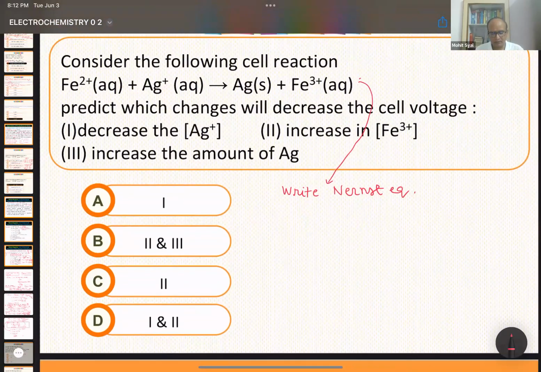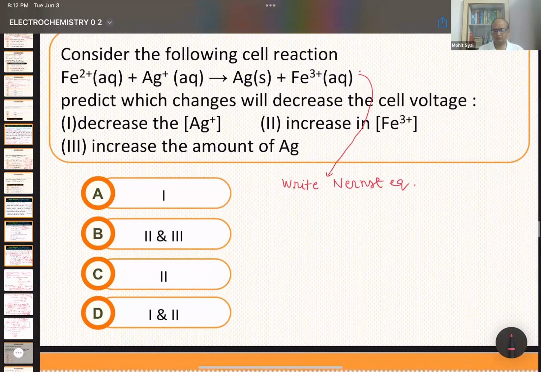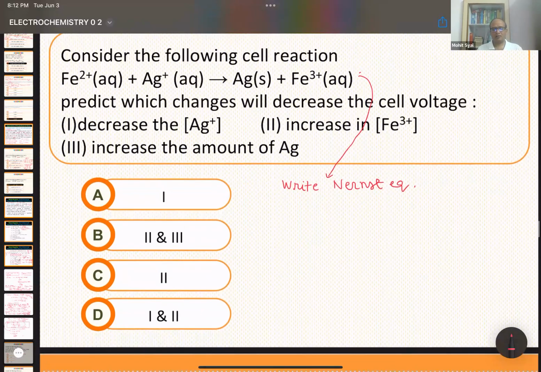So let's do this question. First we have to write the Nernst equation. Ibrahim, is it clear? Yes, sir. So this is a cell reaction given to you, and you are asked to tell what change of ions will increase or decrease the EMF of the cell, the voltage of the cell. So don't put your mind elsewhere first, try to get the Nernst equation.